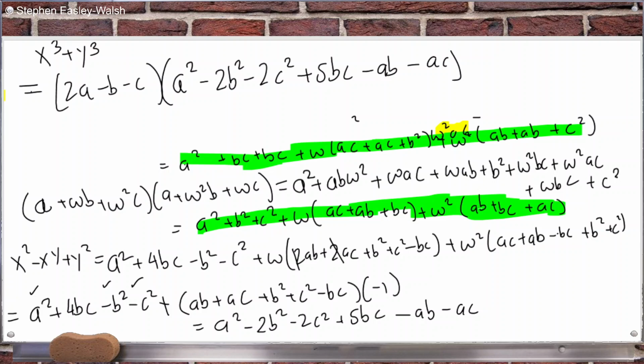So let me have a look here. A squared minus 2b. So it's looking not too bad.